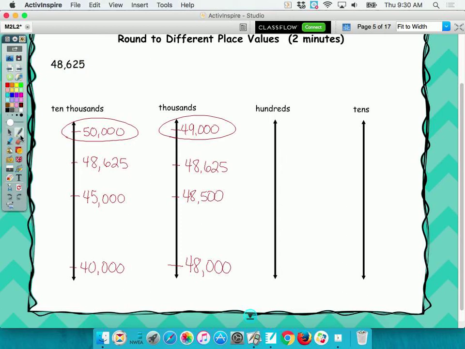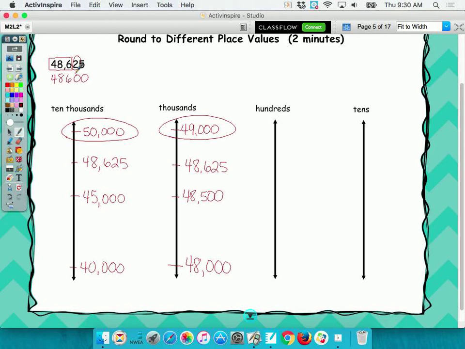Okay, nearest 100. So I box everything up to the hundreds place. 48,600. And I'll end up looking at the 2 to decide if I round up or stay the same.